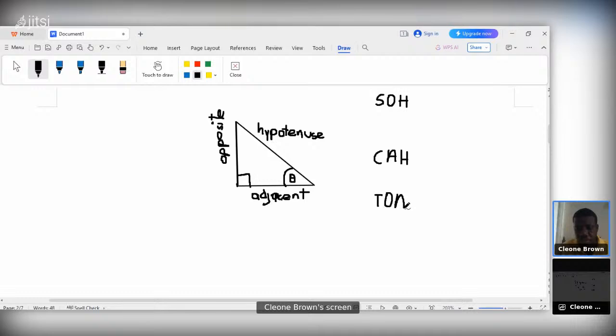The trig ratios are used for the right angle triangle specifically. If you have a given side and a given angle, or if you have two given sides, then you can use the trig ratios. Cool.